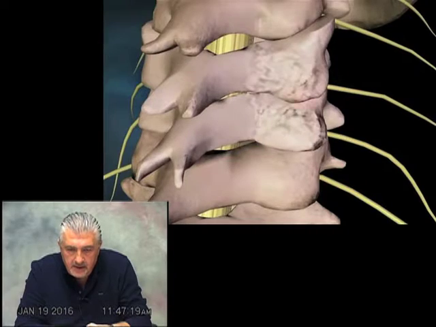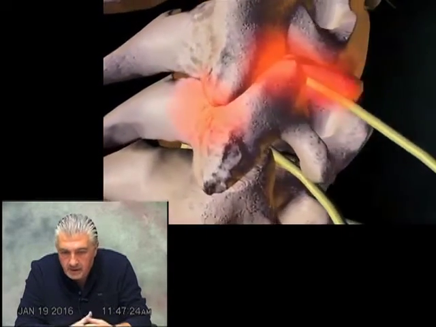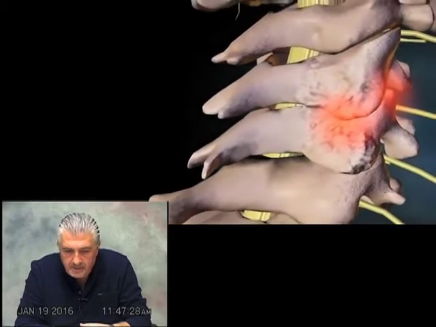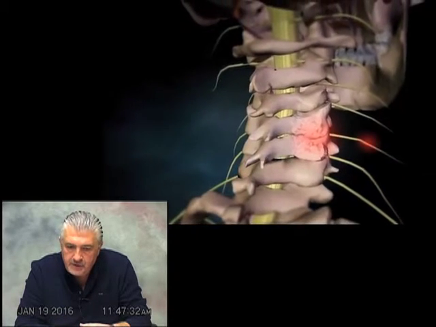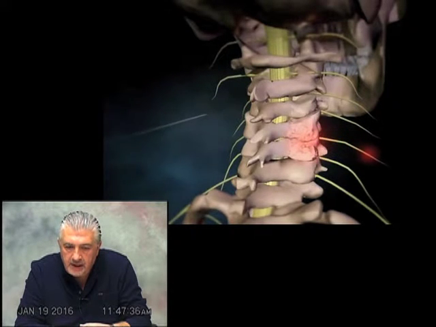And there is an area where the red mark on the video is, I assume they're talking about where the pain generator is from the facet joints, and this joint looks arthritic from the bony changes.